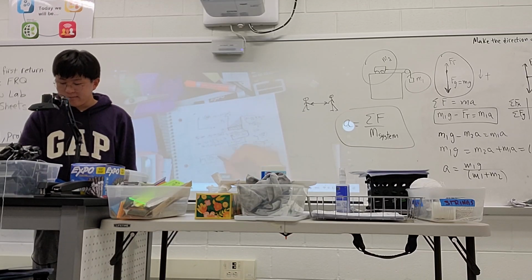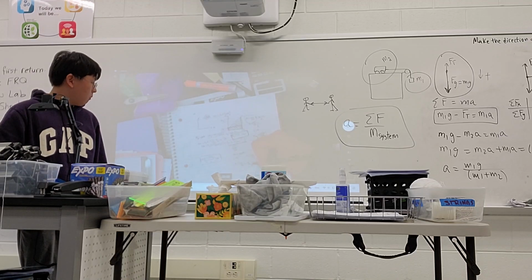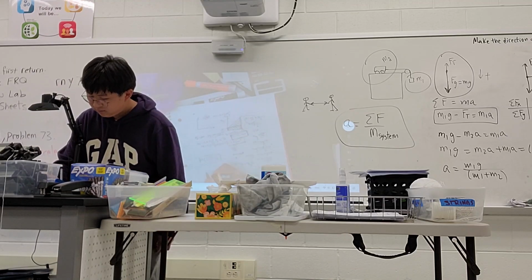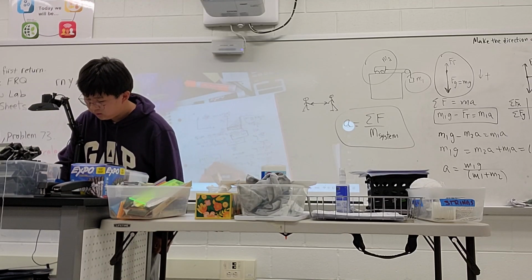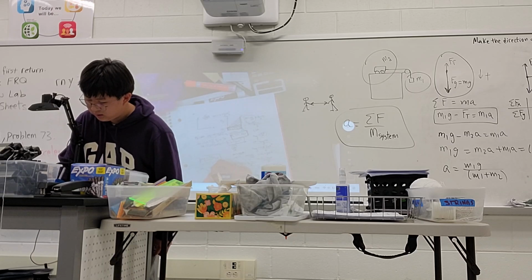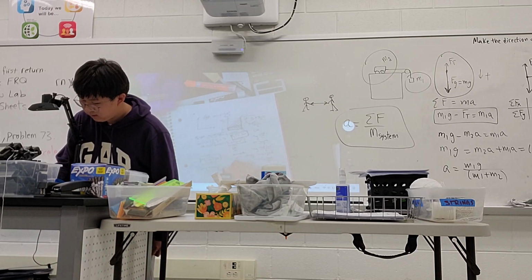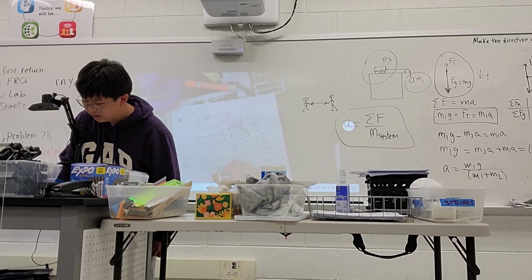So if we come back here, we know what t equals, right? So delta x equals velocity initial plus velocity final over 2, and we multiply this by velocity final minus velocity initial over a.